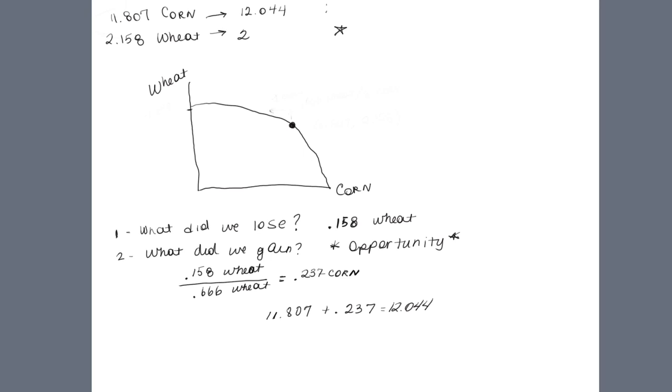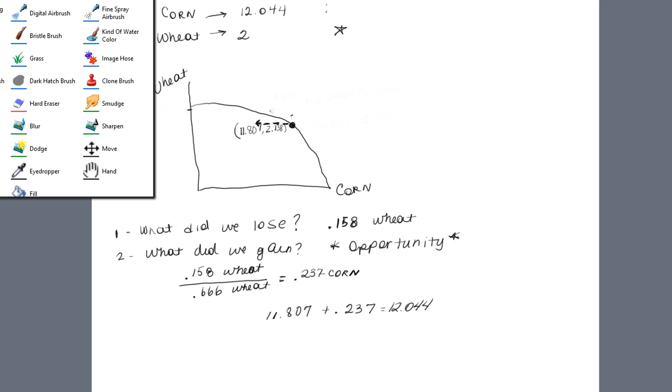Okay, and what we did was we lost in wheat. So we went this way. Let me erase that. Okay. So we lost by 0.158.